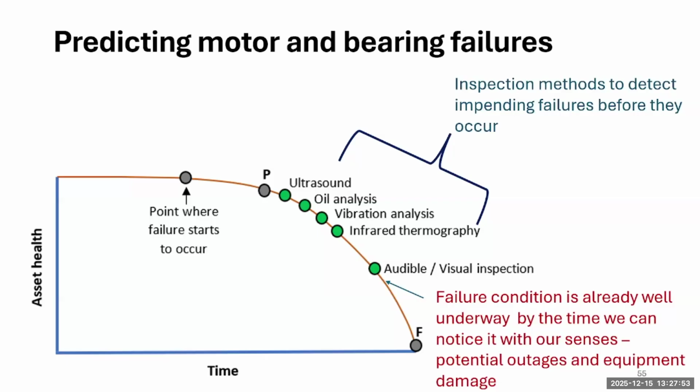And finally, an audible or visual inspection is going to be one of the last things. By that time, it's probably getting to the point where it's too late, because that failure is well underway, and we're not able to see or hear it as well as with some of these other inspection methods.